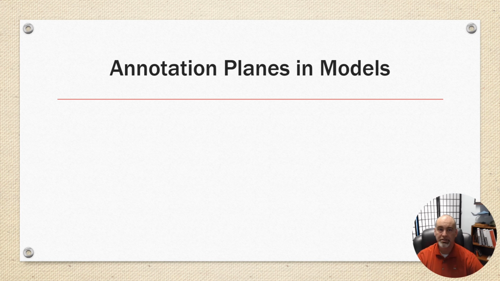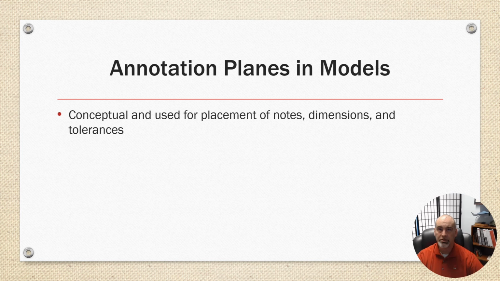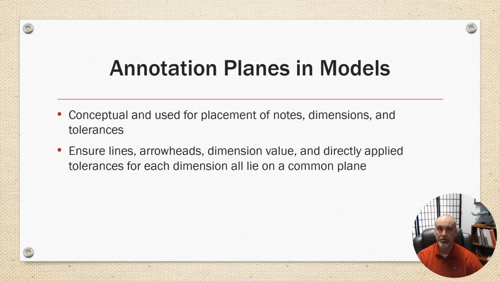Annotation planes and models. Conceptual and used for placement of notes, dimensions, and tolerances. They ensure lines, arrowheads, dimension values, and directly applied tolerances for each dimension all lie in a common plane.